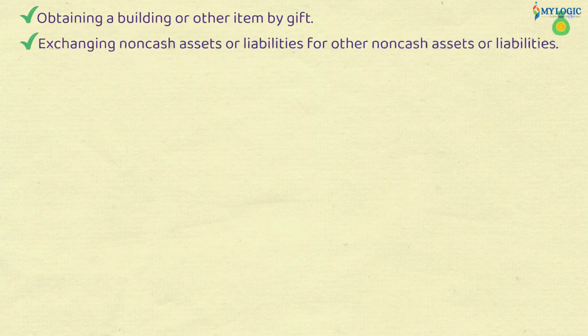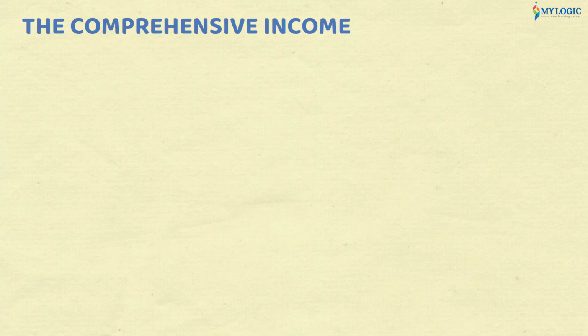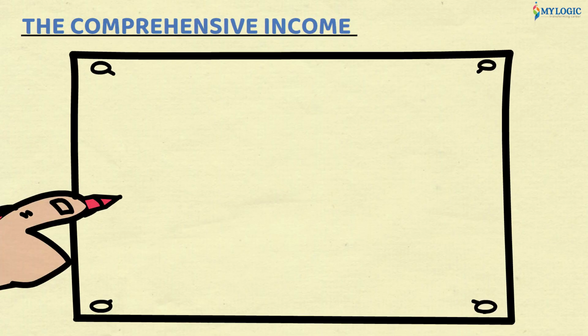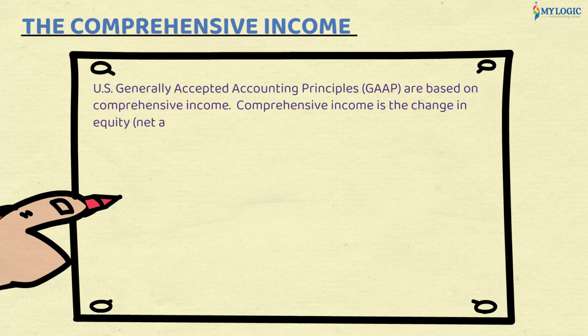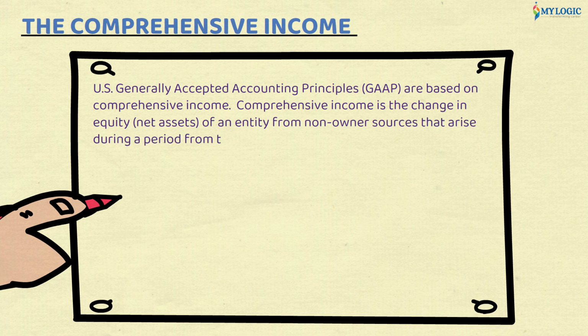Now let us understand the comprehensive income. US Generally Accepted Accounting Principles (GAAP) are based on comprehensive income. Comprehensive income is the change in equity, net assets, of an entity from non-owner sources that arise during a period from transactions and other events.